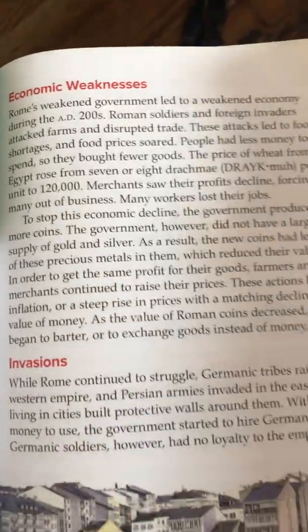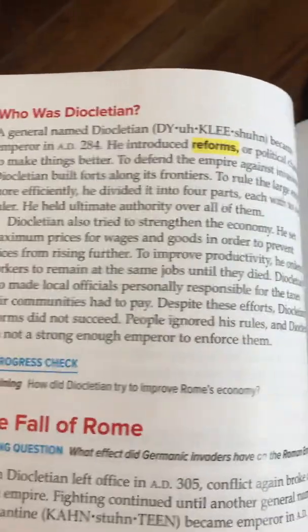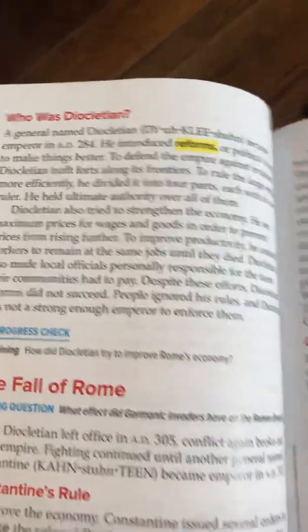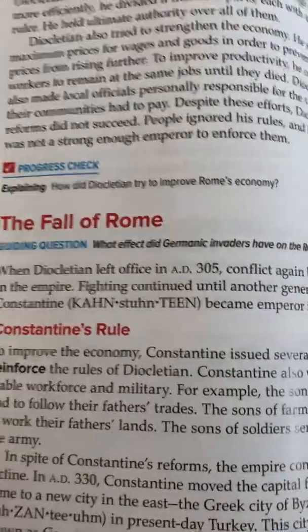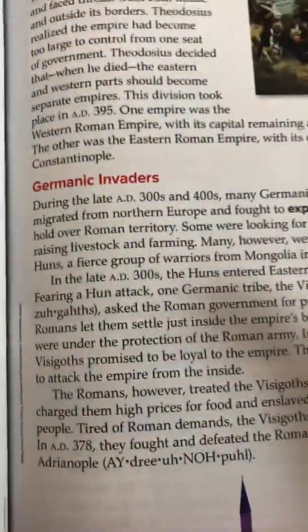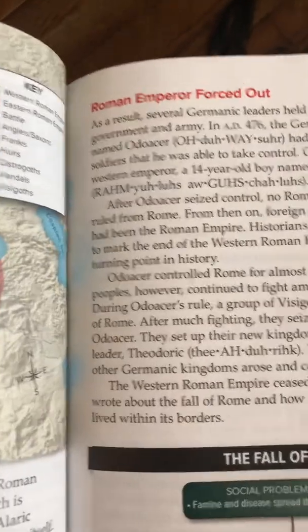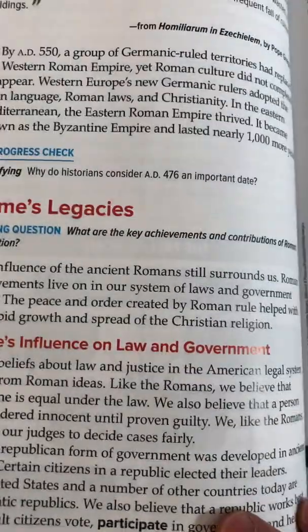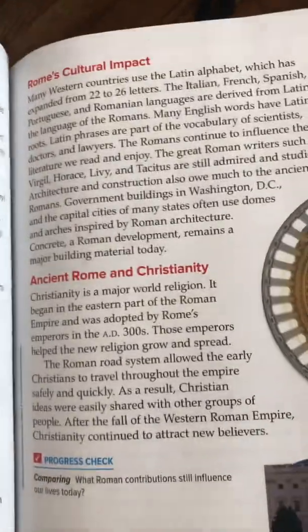political confusion, economic weaknesses, invasions, who was Diocletian, and there's that one name that we saw in one of the questions. The fall of Rome, Constantine's rule, Germanic invaders, Roman emperor forced out, Rome's legacies, influence on law and government, cultural impact, ancient Roman Christianity.